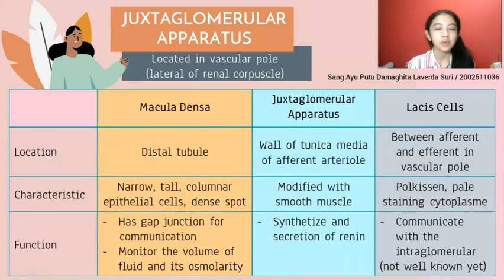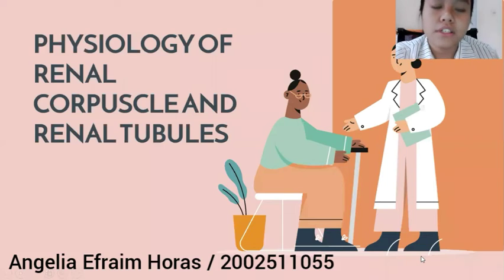Last, there are the lacis cells, which are located between the afferent and efferent arterioles in the vascular pole. There is actually no known main function of this component, but it is known that it can communicate with the intraglomerular mesangial cells.